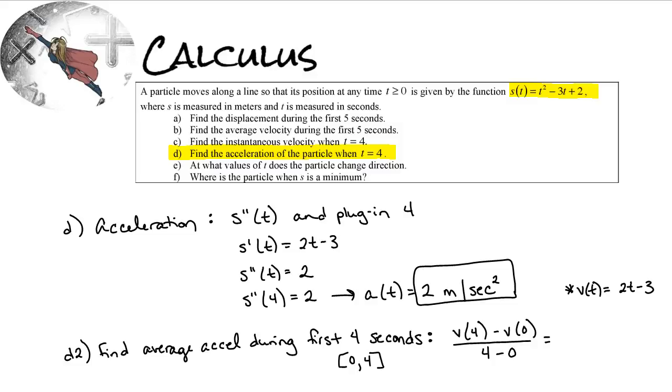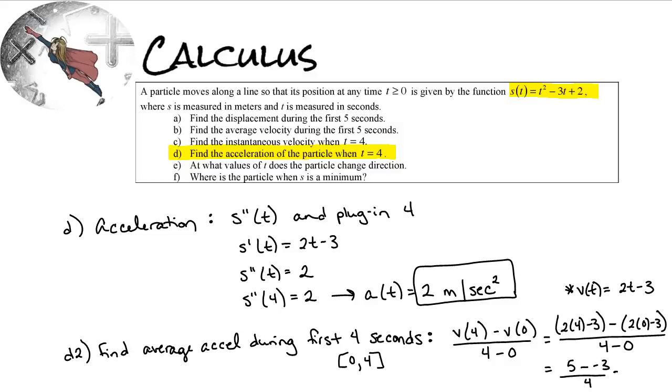And so to get our numerator, we would do v of 4, which would be doing 2 times 4 minus 3, minus 2 times 0 minus 3. Let's put a double parenthesis here. All over 4 minus 0. So this would give us 8 minus 3 is 5, minus negative 3 over 4.